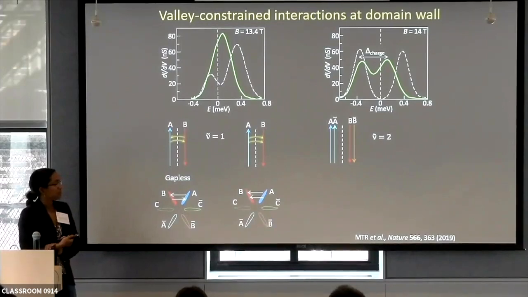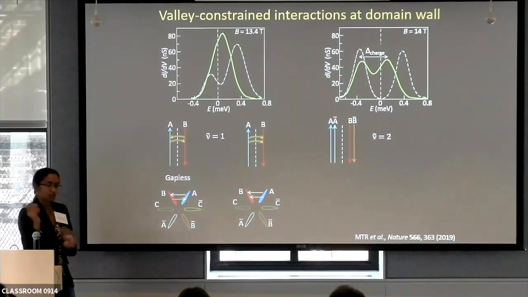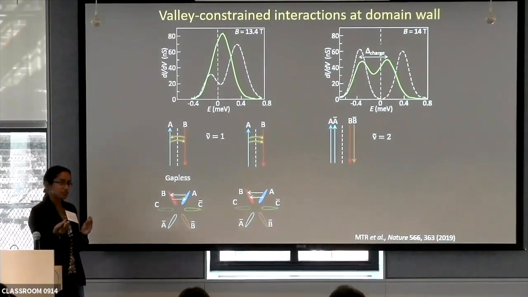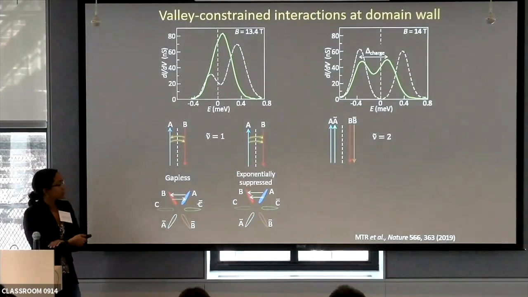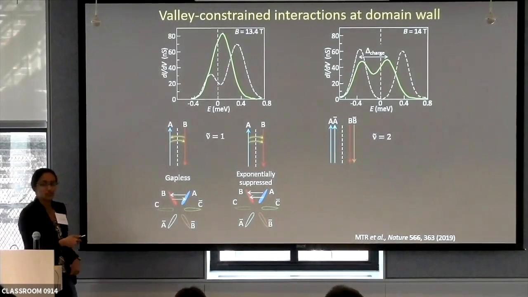But if we look at what this interaction involves in terms of momentum transfer in the 2D Brillouin zone, because we're really considering states that are coming from valleys at different momenta, this kind of large momentum transfer would be exponentially suppressed. So these kinds of interactions are exponentially suppressed in this case. And so that's why this state remains gapless.